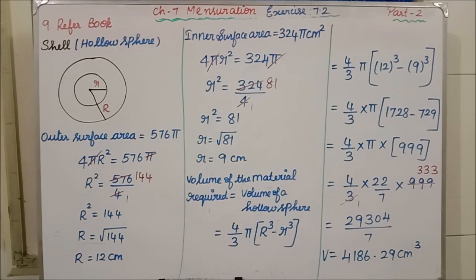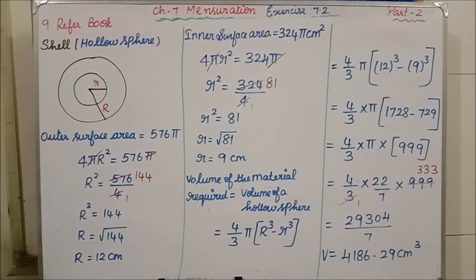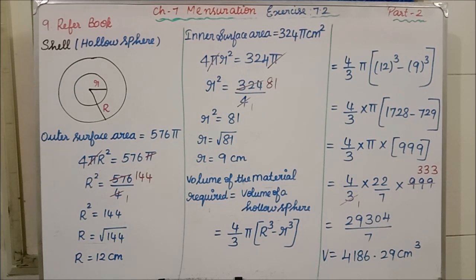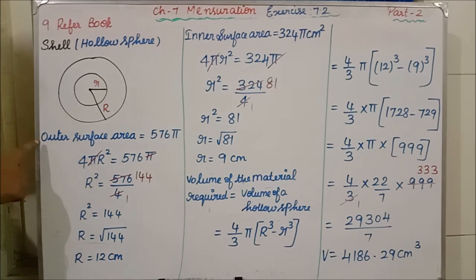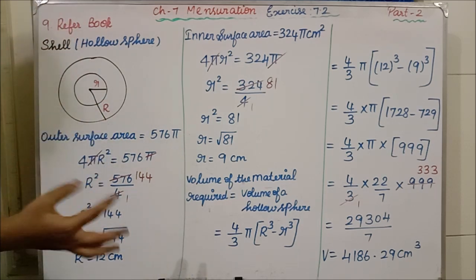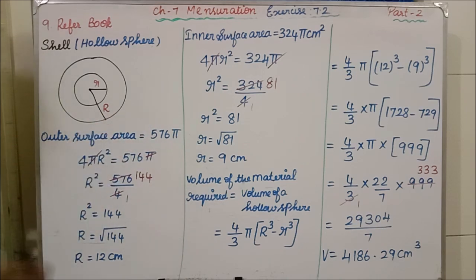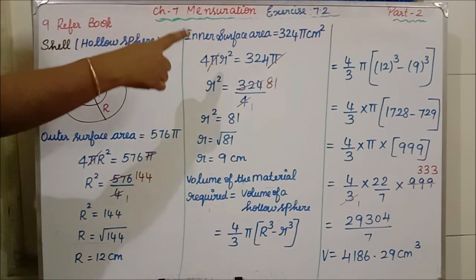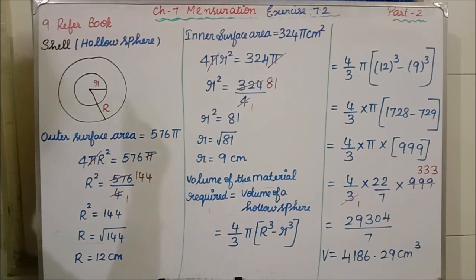Students, see the 9th question in your book. The outer and the inner surface area of a spherical copper shell are 576 pi centimeter square and 324 pi centimeter square respectively. Find the volume of the material required to make the shell. What they have given in the question is outer surface area value 576 pi, and inner surface area value 324 pi centimeter square.